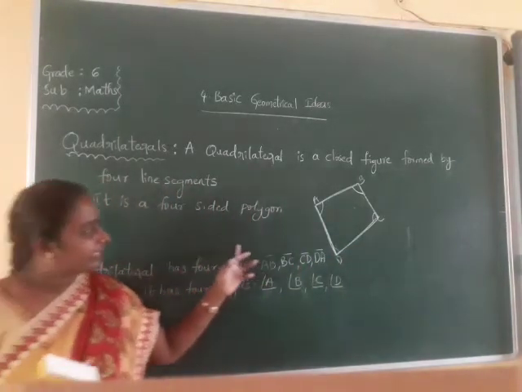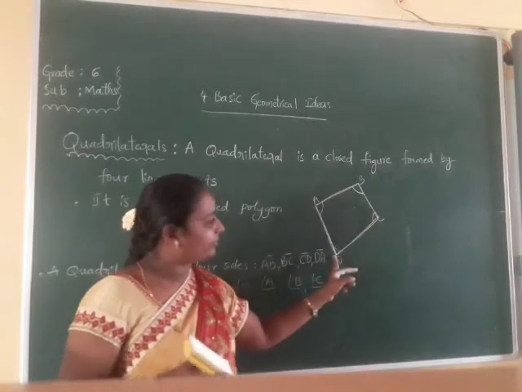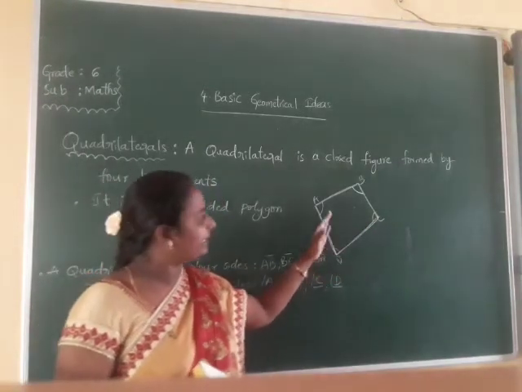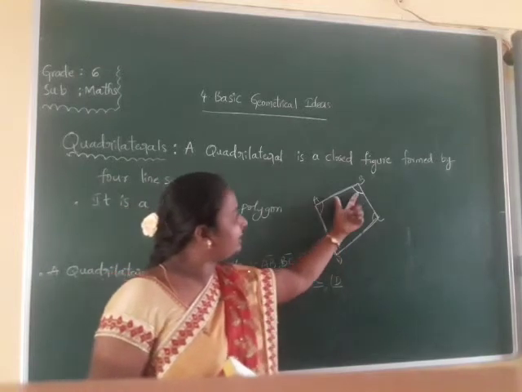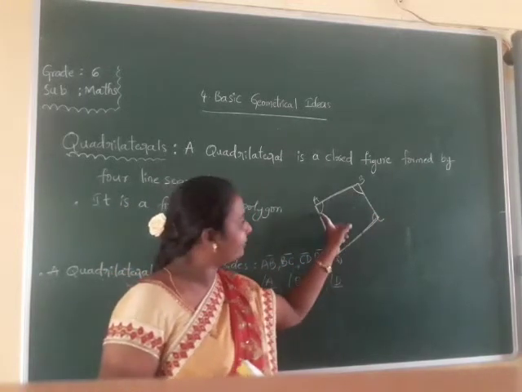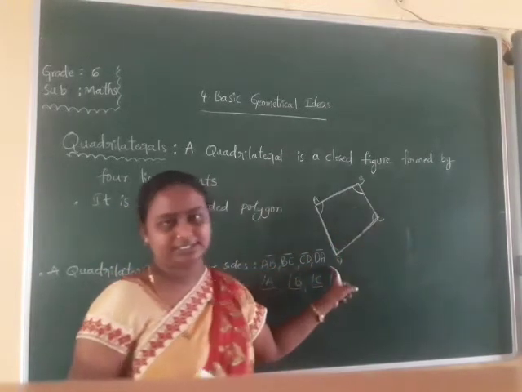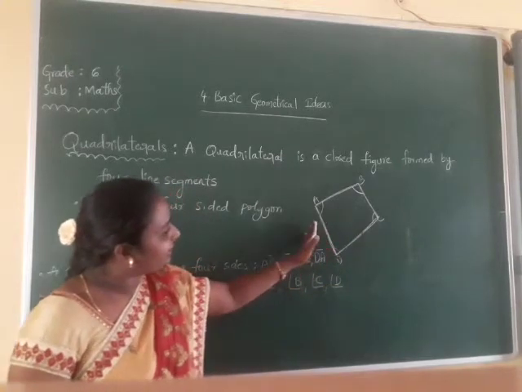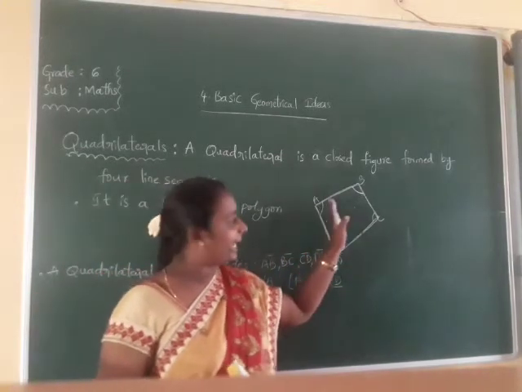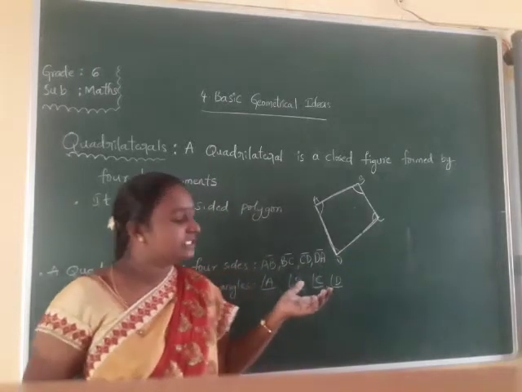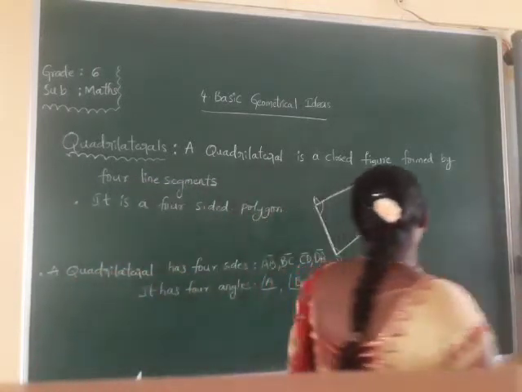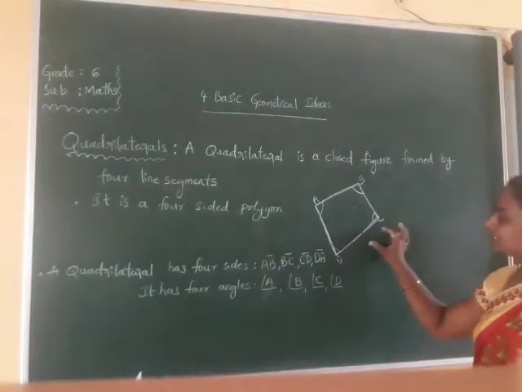So it is made up of four line segments. It is a four-sided polygon. It contains four sides and four angles, and it also has adjacent sides and adjacent angles. What are adjacent sides?